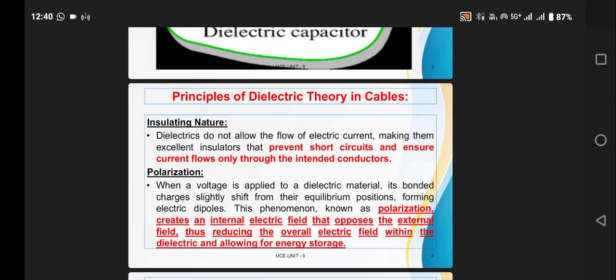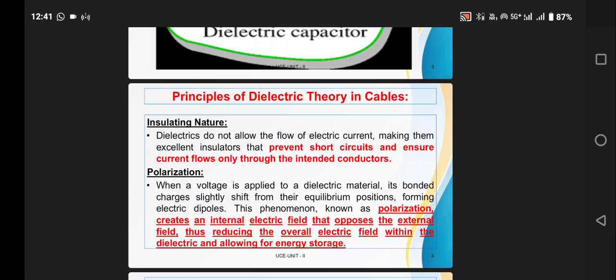Insulating nature. Dielectrics do not allow the flow of electric current, making them excellent insulators that prevent short circuits and ensure current flows only through the intended conductors. Second one, polarization. When a voltage is applied to a dielectric material, its bonded charges slightly shift from their equilibrium positions, forming electric dipoles.